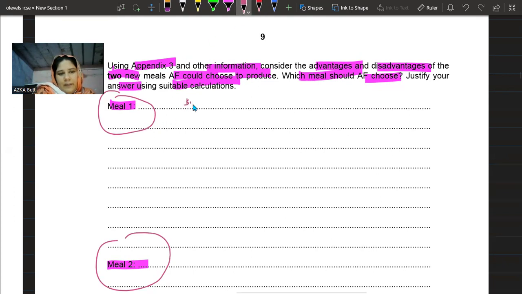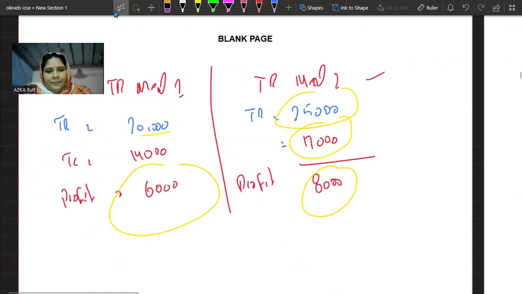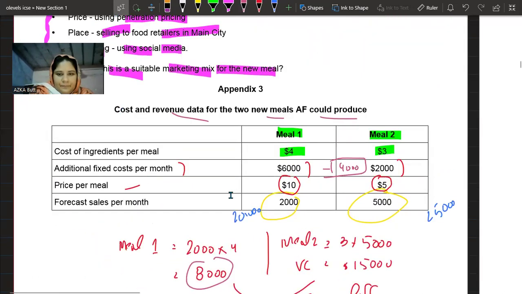The price for meal one was $5, and for meal two I think it was $10. No, I think for meal one it is $10. Just give me 1 second so I can see. Yes, this one. I think we should just stick on this page.